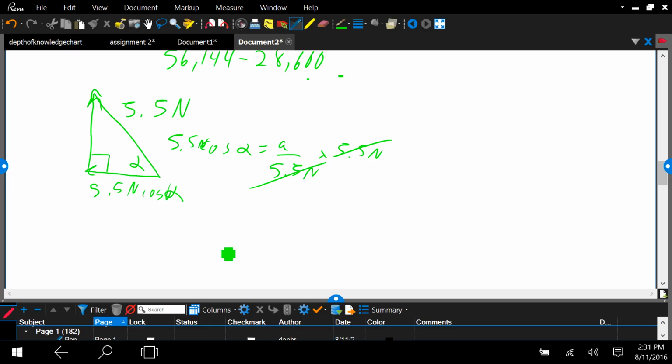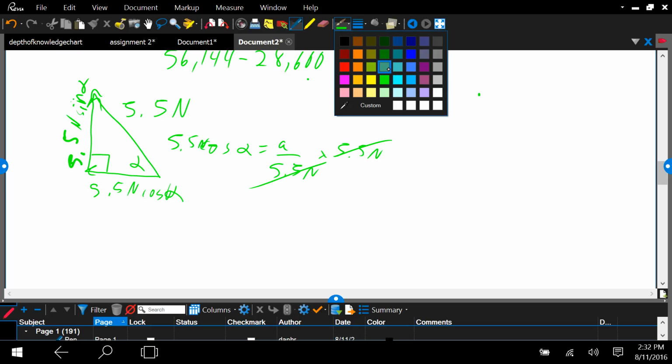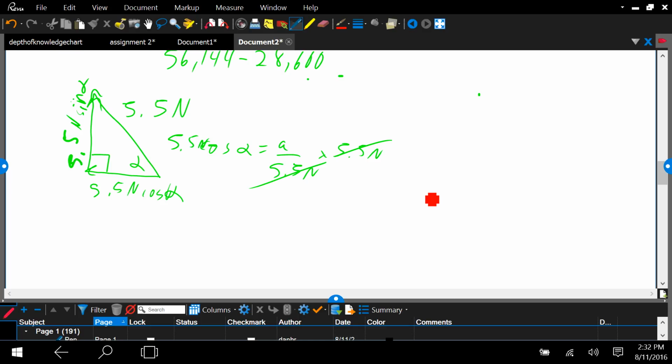By the same little process, you can do the opposite side over here and get 5.5 newtons times sine of my alpha, and that is the vertical side there. I'm going to go ahead and switch colors here for the, I think it's red actually, on the other page.